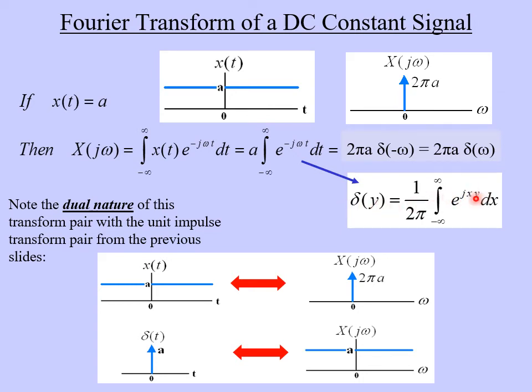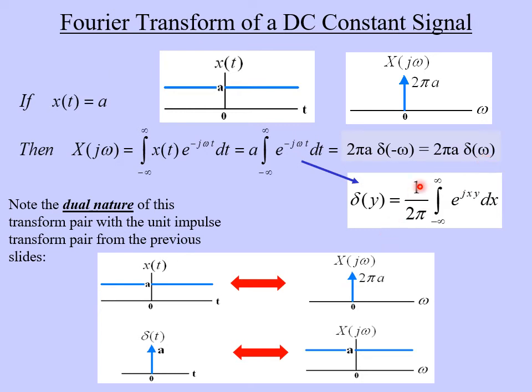And so by making those variable name switches, we end up with our result 2 pi times a, and in your case a was 12, times a delta function of negative omega, just by, again, comparing this to this. And the delta function of negative omega is the same as a delta function at omega. It only occurs when omega is equal to 0.